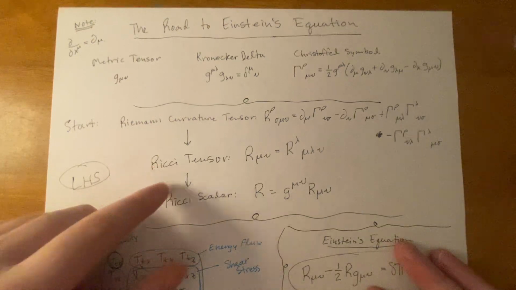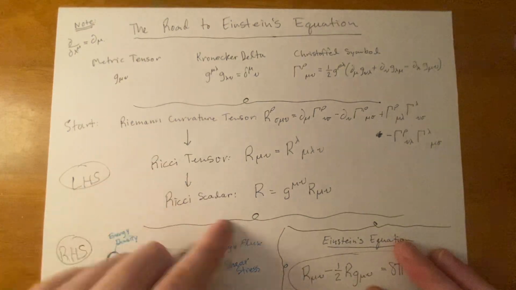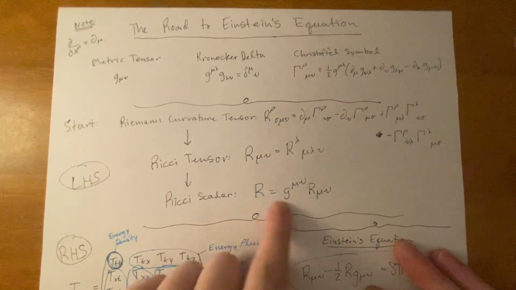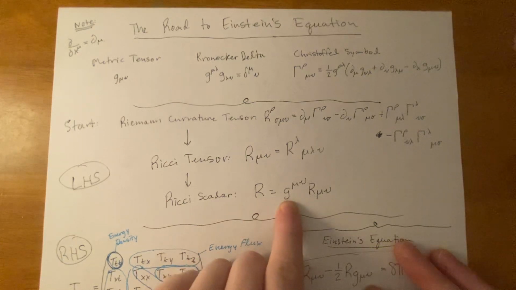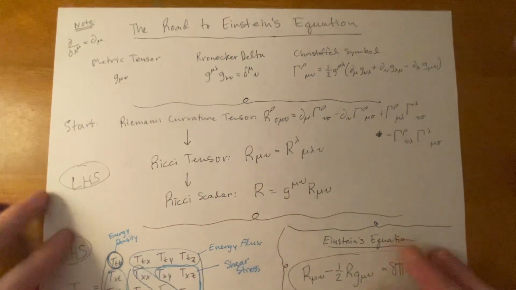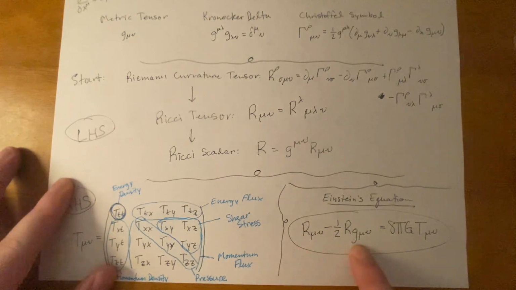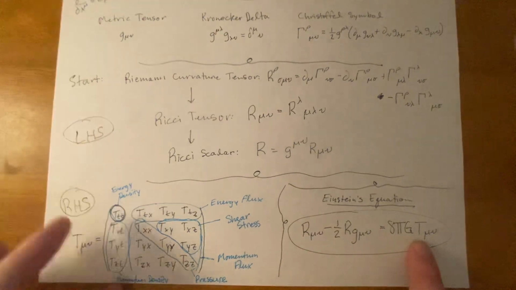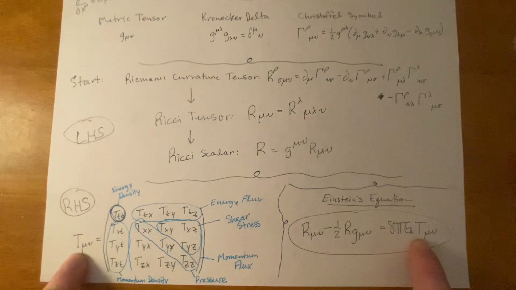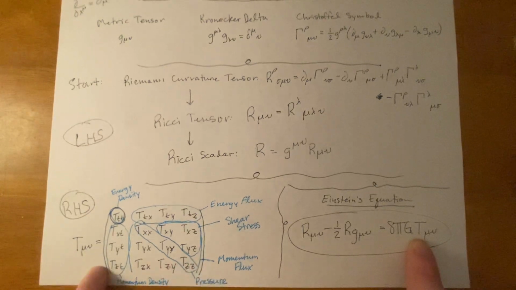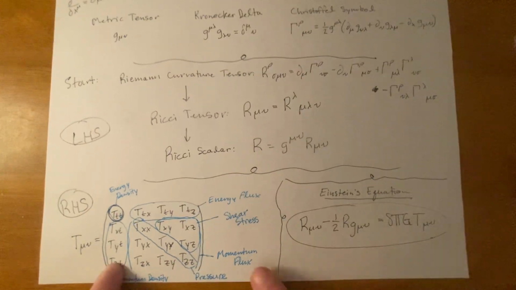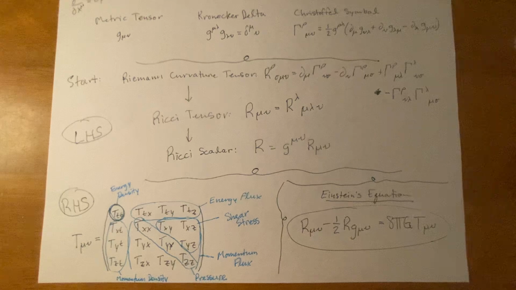And then you get the scalar by applying the inverse metric. And then from there, we have 3 out of the 4 big pieces. And this fourth piece, the development of that, I think I'll leave to another video because I'm not sure myself. But this is what it is, and this is its components.